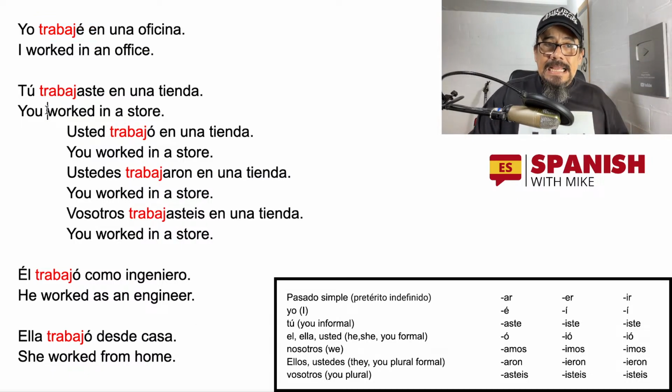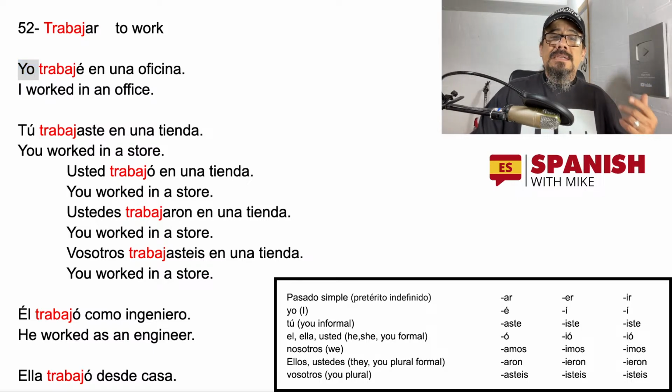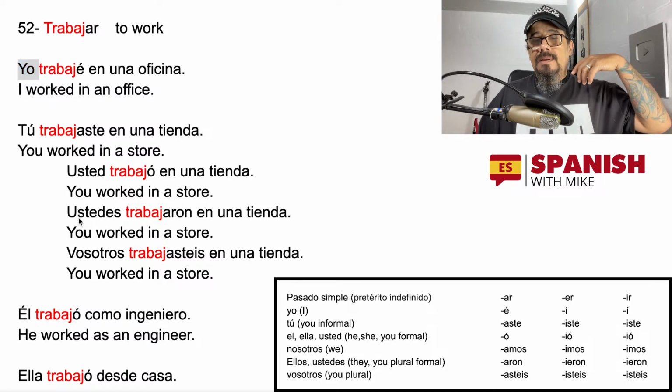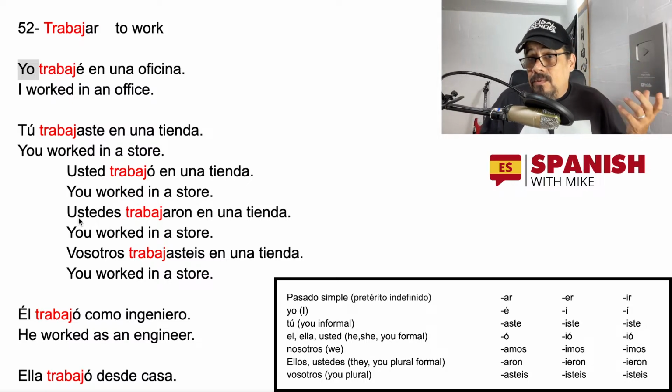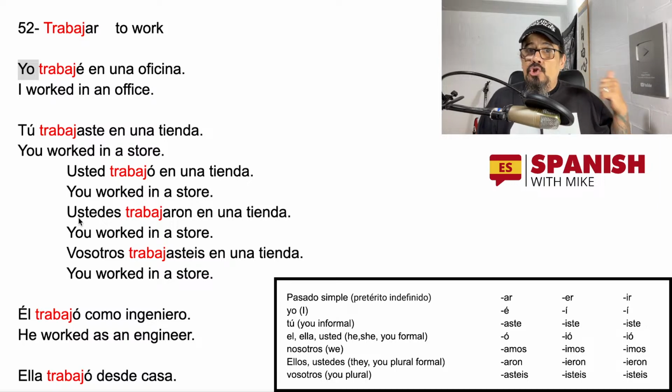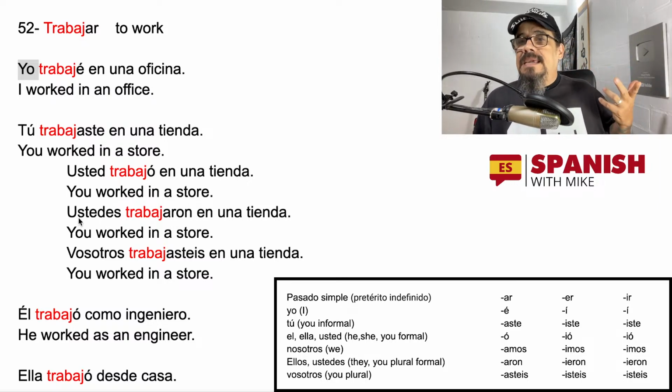Second, remember that in most cases we can skip the subject, meaning that by context I can understand who I am talking about. Trabajé en una oficina. I don't have to say yo trabajé because the conjugation already tells me it is me.